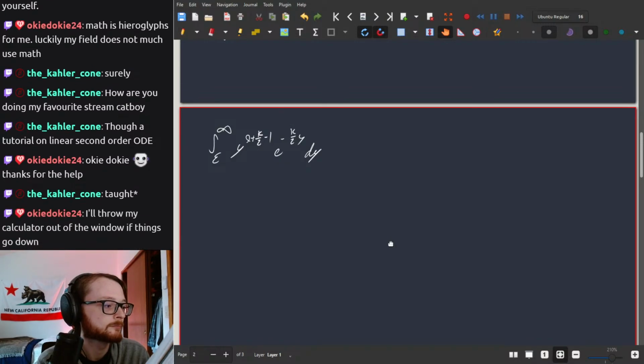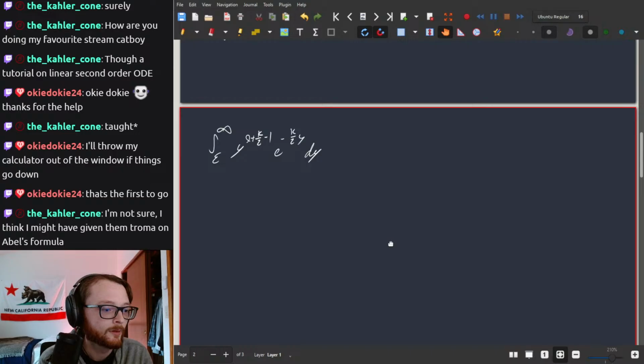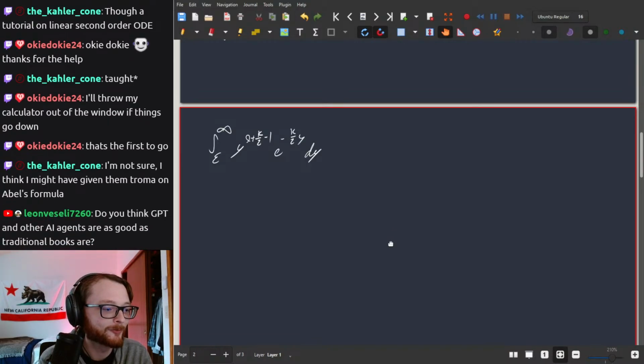My calculator out of the window, things could go down. That's the first to go though. Fair enough. I think GPT and other AI agents are as good as traditional books are. No, not right now. I think eventually AI is gonna get really good and take over.